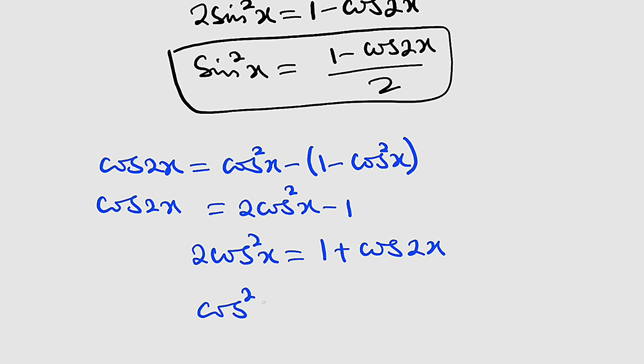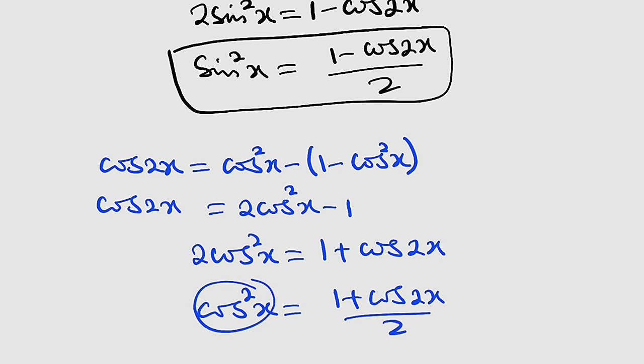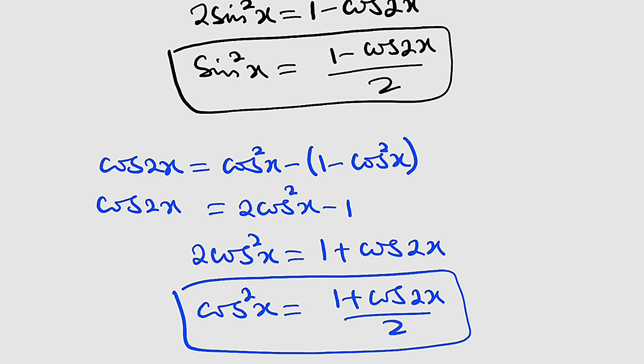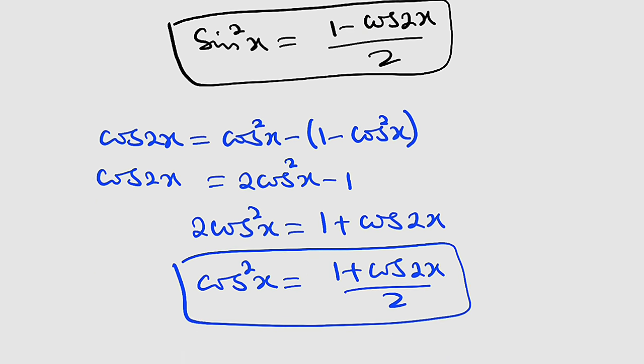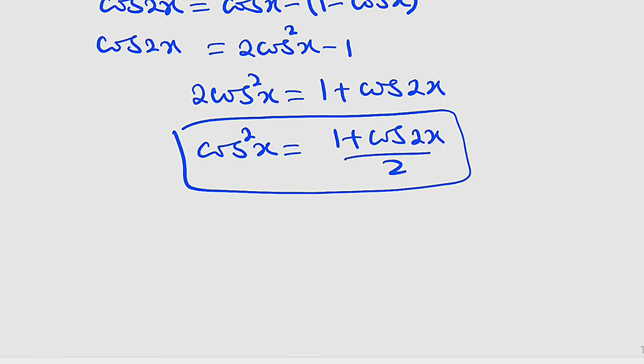And cosine²x is equal to 1 plus cosine 2x divided by 2. So instead of integrating cosine²x, you can now integrate this. You can see the only difference between these two is the sign. This is positive for cosine, and we have negative for sine. So now let us integrate the two functions.